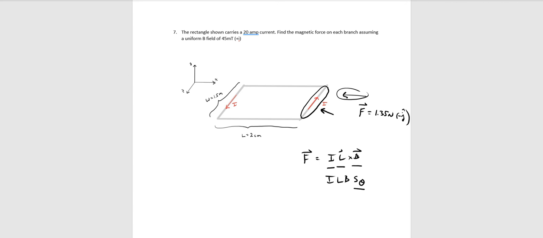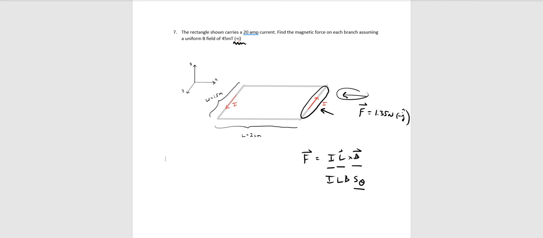In this picture right here, that current is pointing in the minus Z direction. So if we were to attach a unit vector, it'd be minus K. The magnetic field given right here is in the plus I. So you're going to ask yourself, what is the angle then between the I and the B? And hopefully that's obvious.